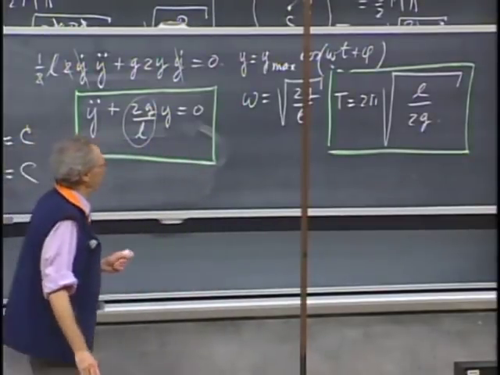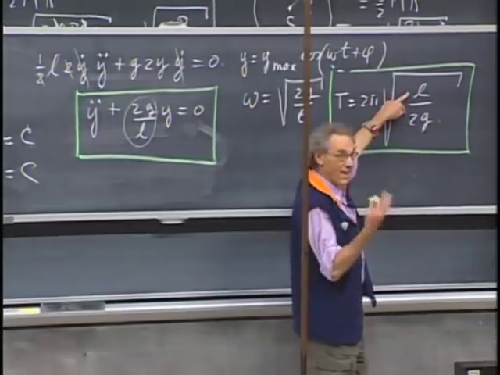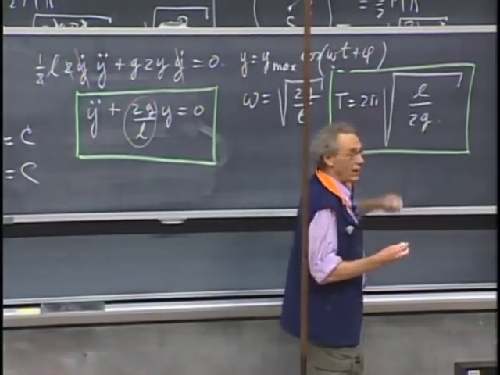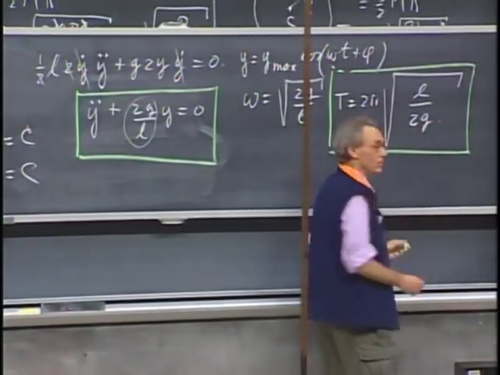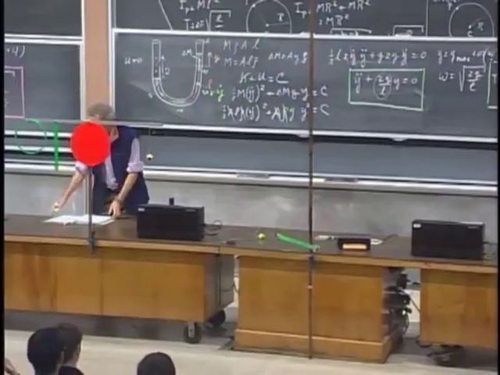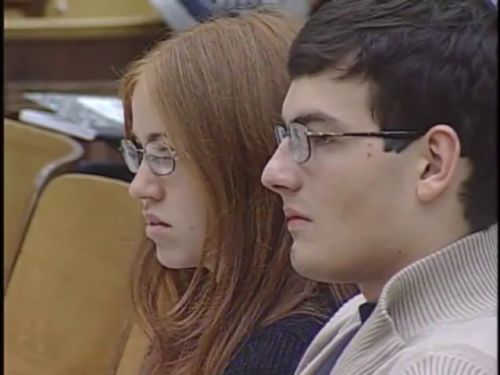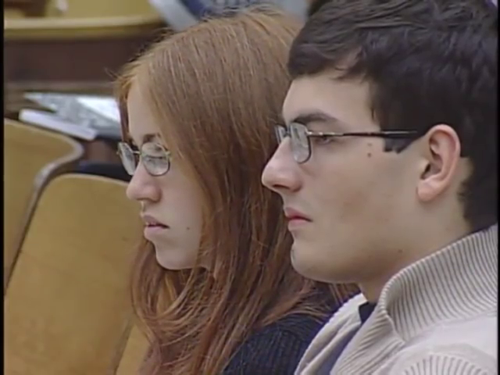Notice that it is the period that you would have obtained from a pendulum if the length of the pendulum were L over 2. Not at all obvious, not at all intuitive. You see our setup here. I have to know what L is, and that is not so easy.